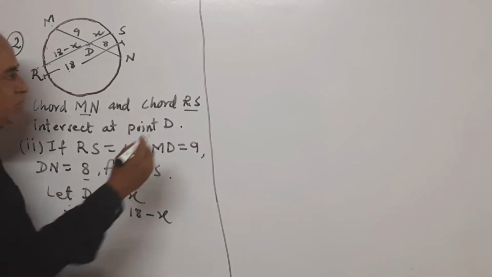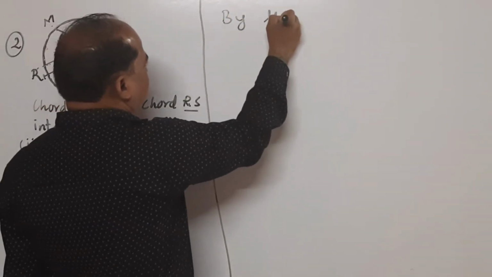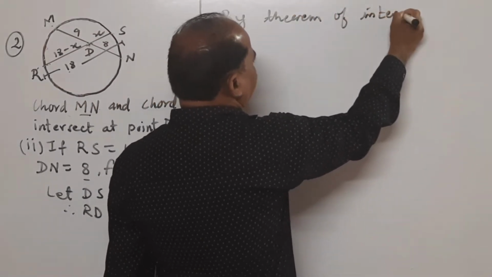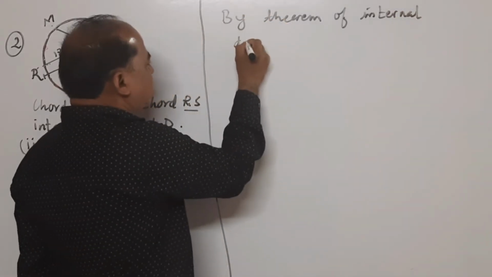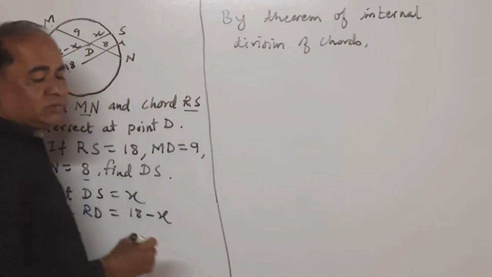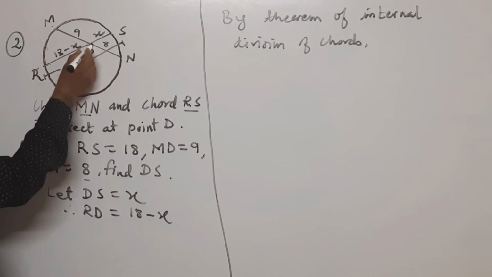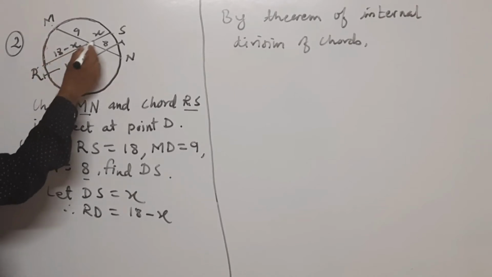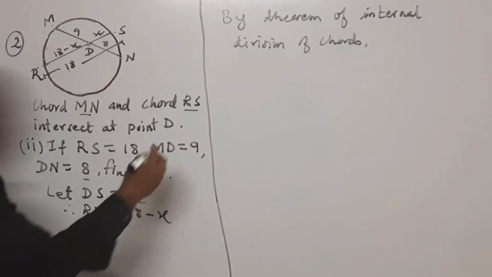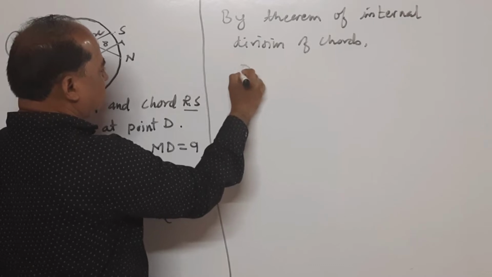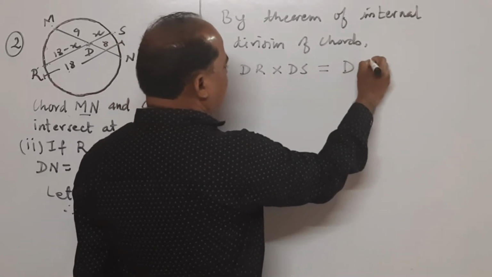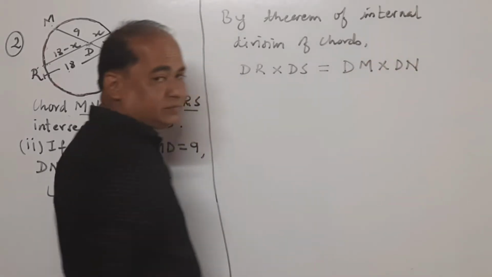Now by the theorem of internal division of two chords, we have to start with DR into DS is equal to DM into DN.